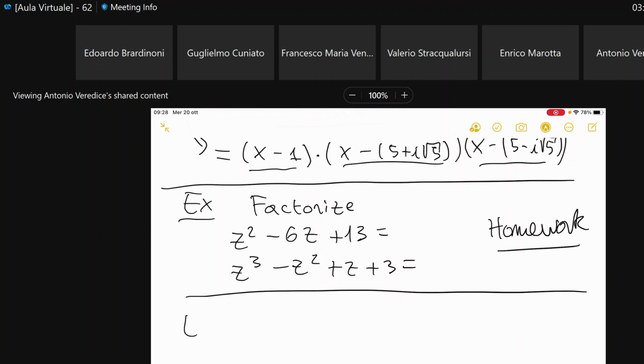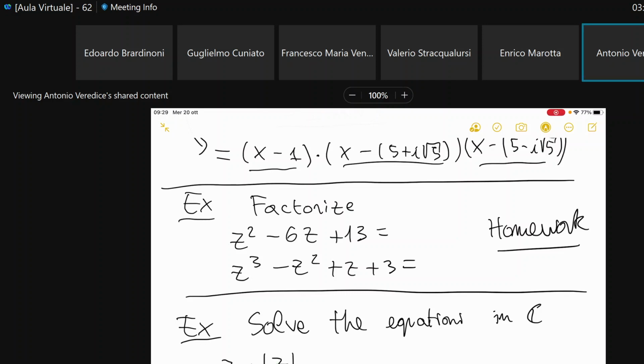And the next one is solve the equation in C, and the equation is z times the absolute value or modulus of z squared minus 4i z squared equals 0.